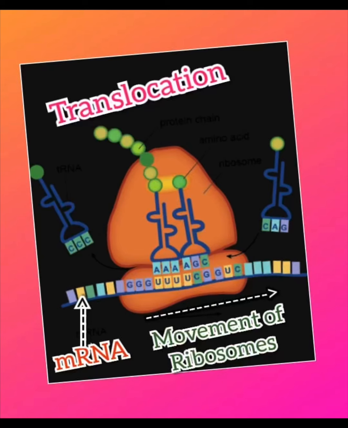During this process, that is translocation, the ribosomes move from one end of the messenger RNA to the other end. At the end of this process, a protein is formed which undergoes further modification to form fully functional protein called complex proteins.